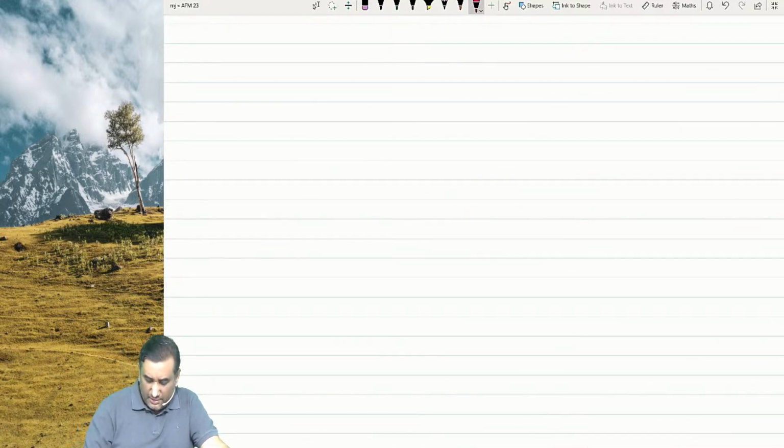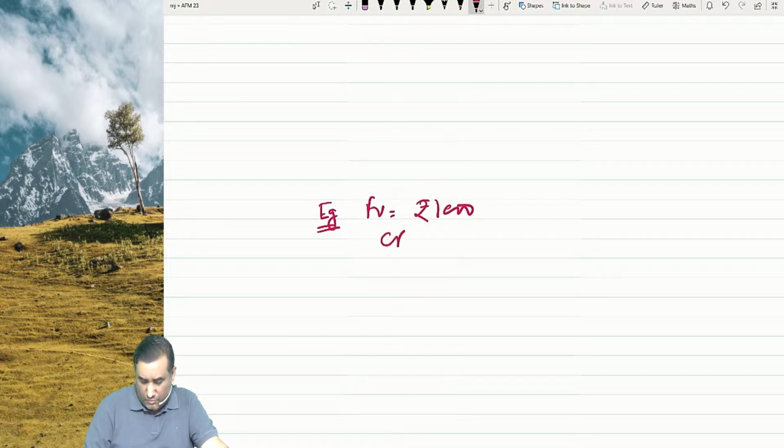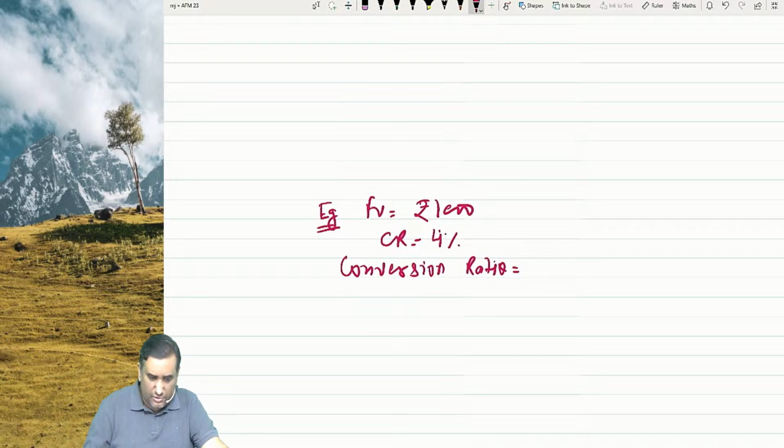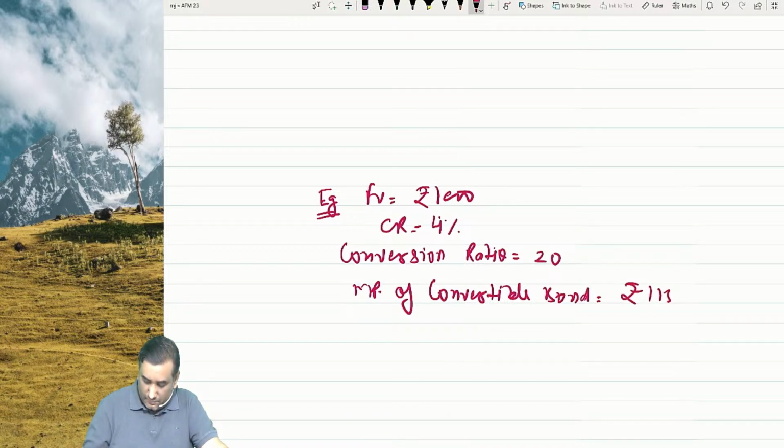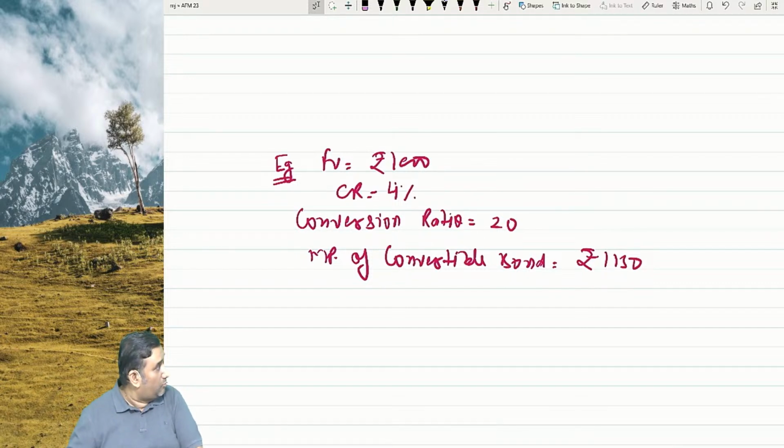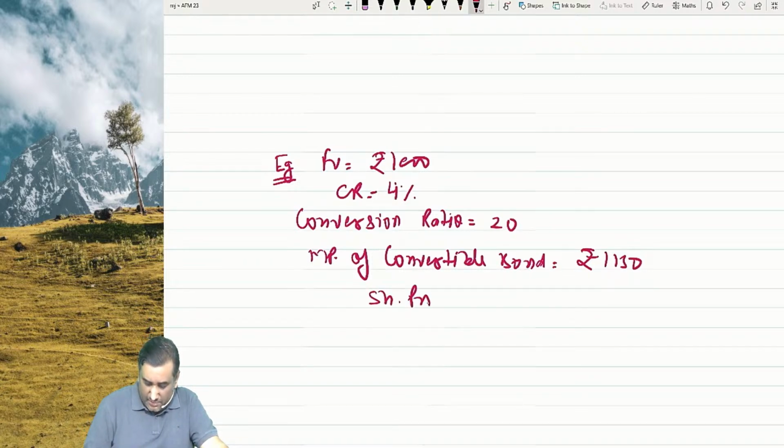I'm just taking a small number. Example: let's suppose I have face value 1,000, coupon rate 4%, conversion ratio, market price of convertible bond 1130, share price, and dividend.